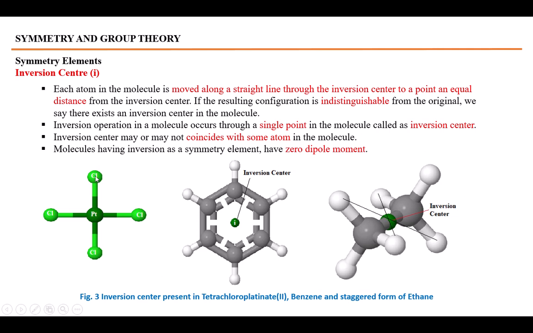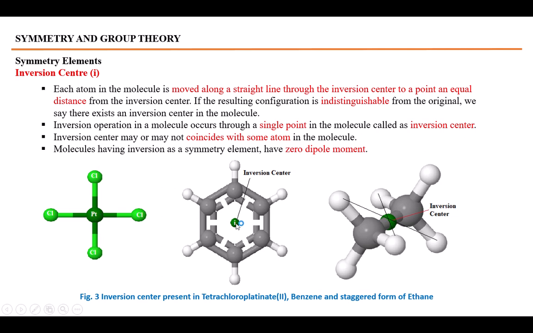It means you start from one atom on the straight line, pass through a center, and find the same atom on the other side at the same distance. Then an inversion center exists in the molecule. Inversion operation in a molecule occurs through a single point in the molecule called an inversion center.